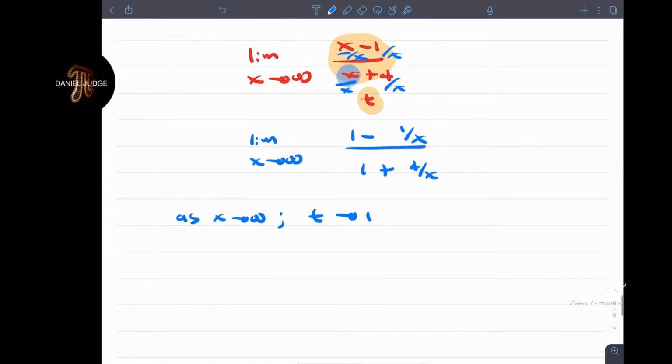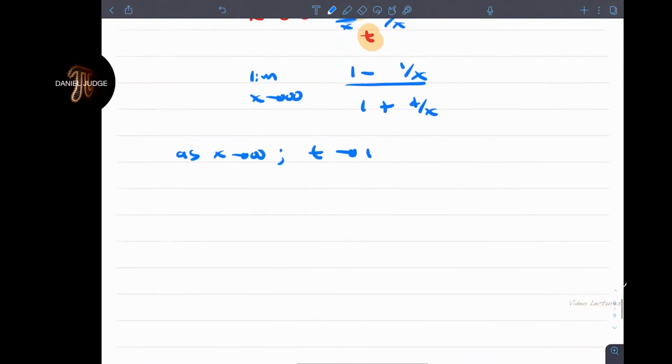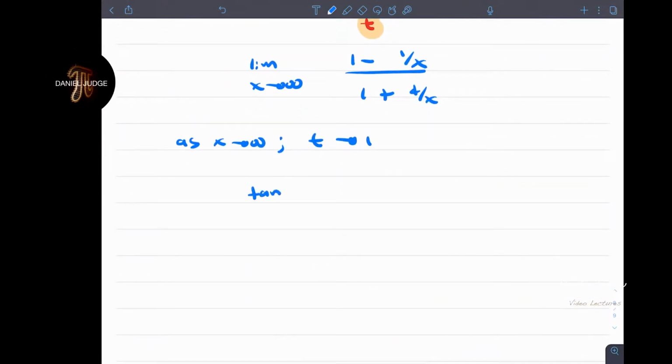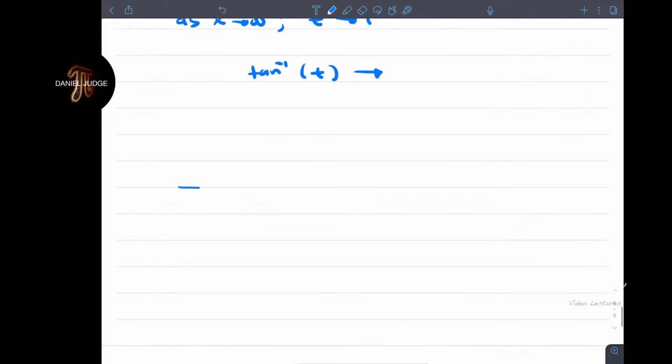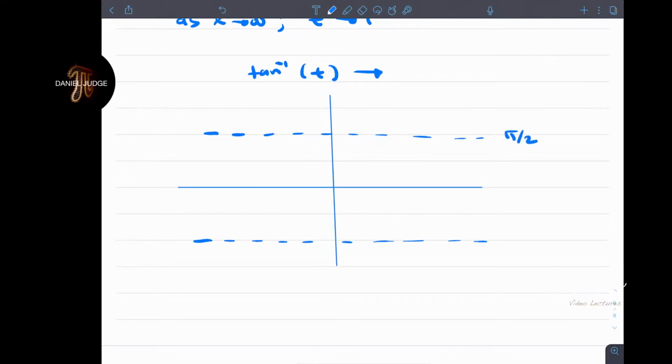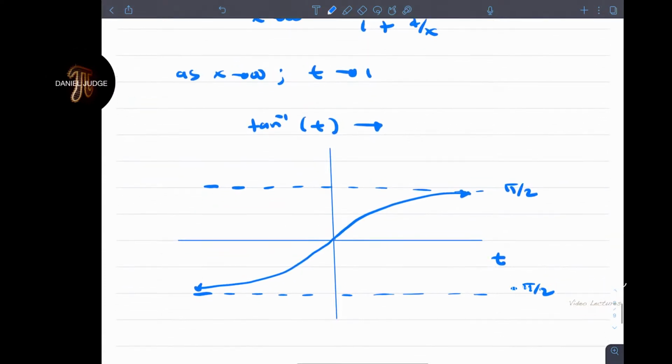All right. So we need to know what the inverse tangent of t goes to, because t is going to 1. So you're going to need the curve for the inverse tangent here, with pi over 2 and minus pi over 2. This is the curve. I guess this is t here. Well, this is a nice continuous curve.